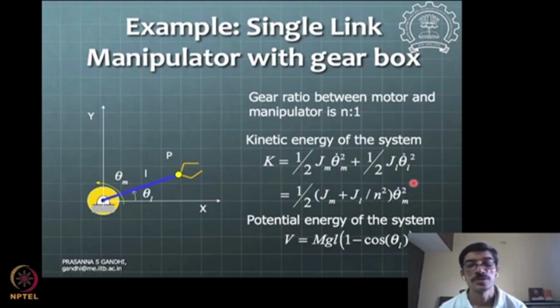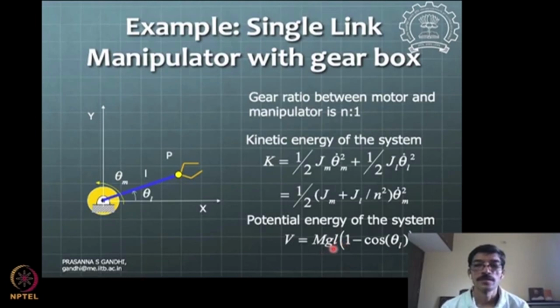Whatever you choose, it can be theta L also. That theta L can also be the generalized coordinate is a possibility here. But we have chosen theta m here. Now the potential energy of the system is m g l (1 minus cosine theta L).